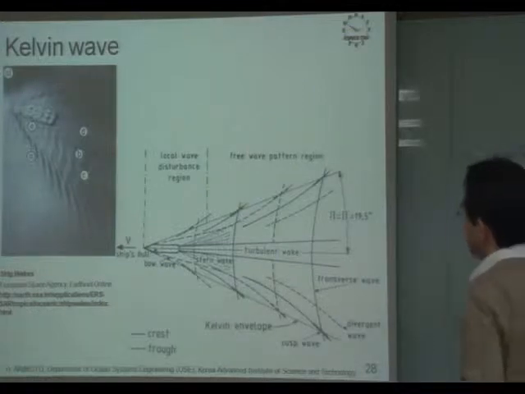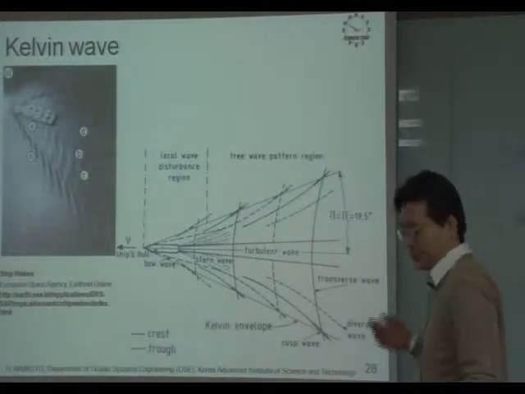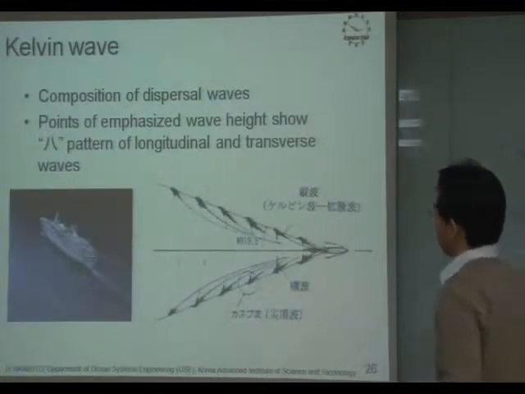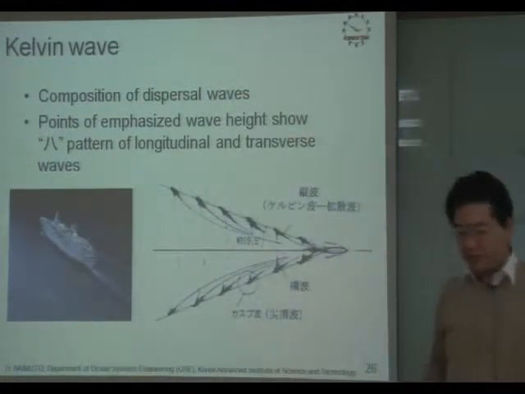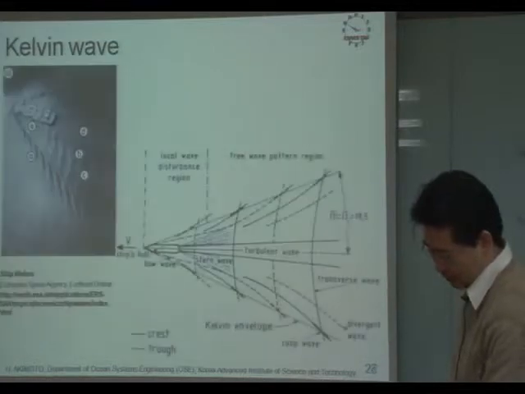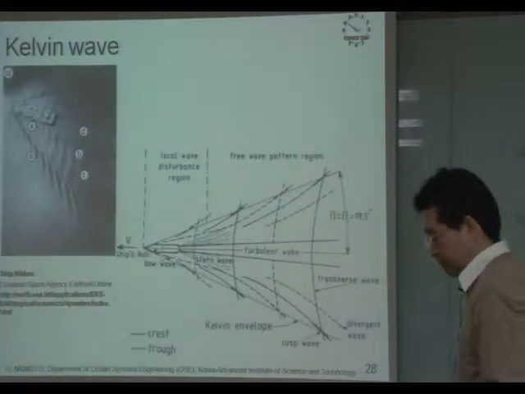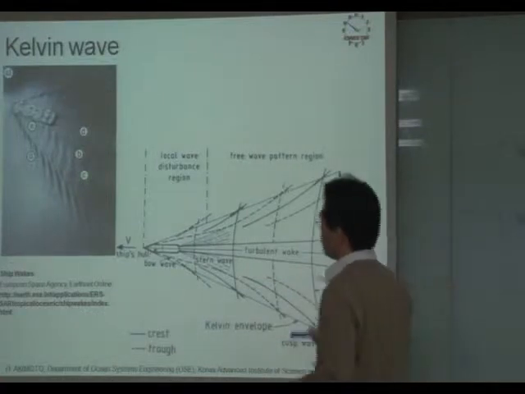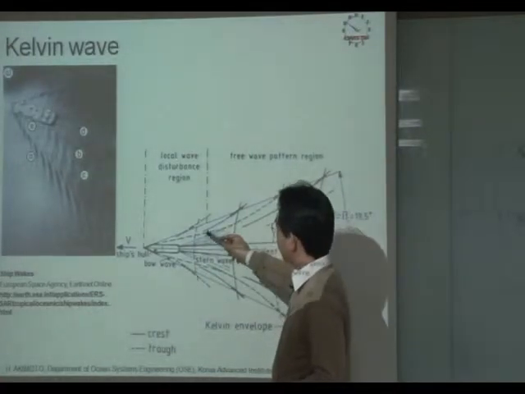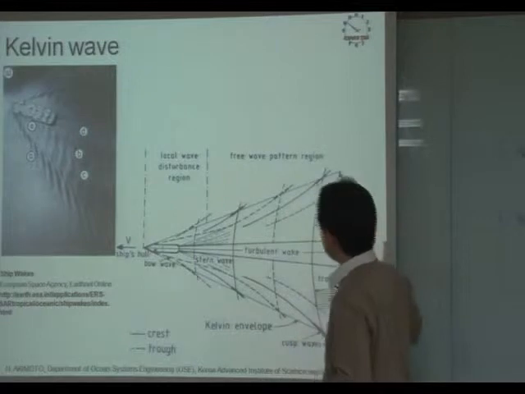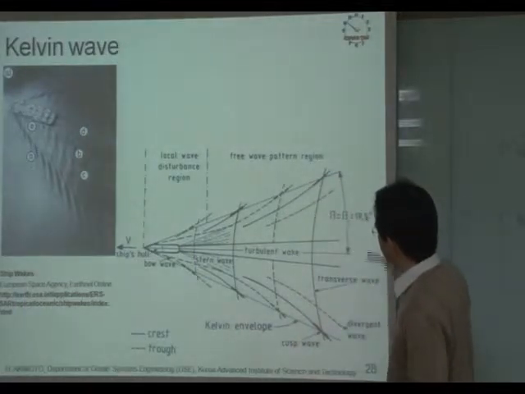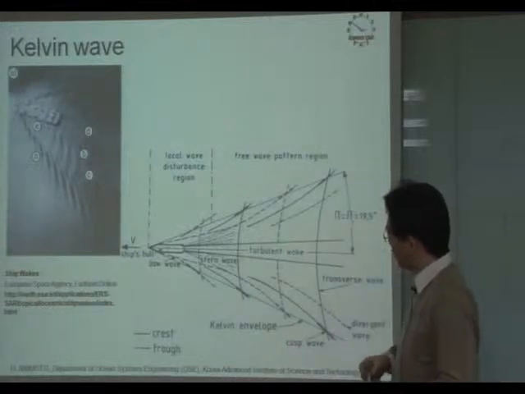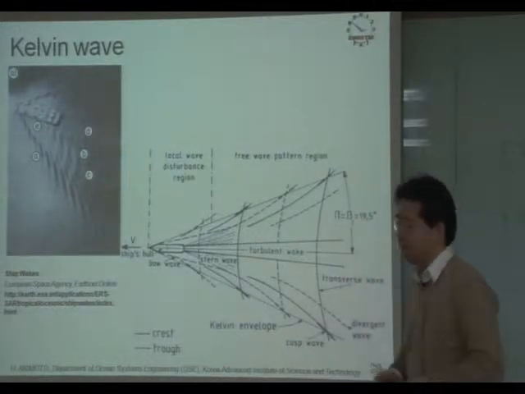I think the last picture was drawn. I showed you this one, but it is in Japanese, so I found another one. The ship is going, and the Kelvin wave pattern is like this, and you can find the features in these pictures.